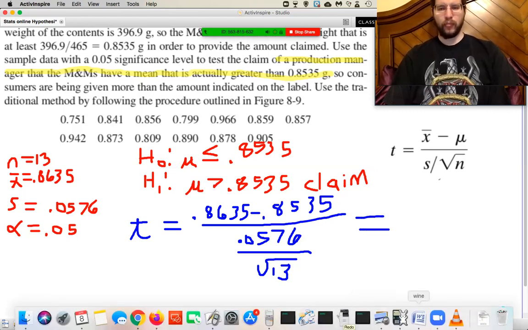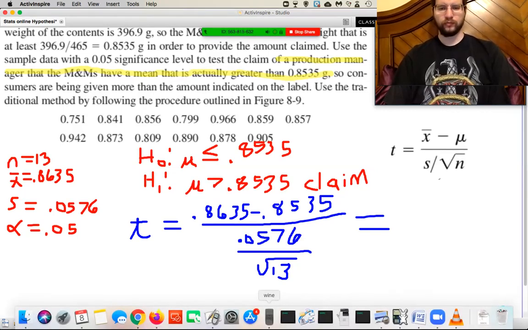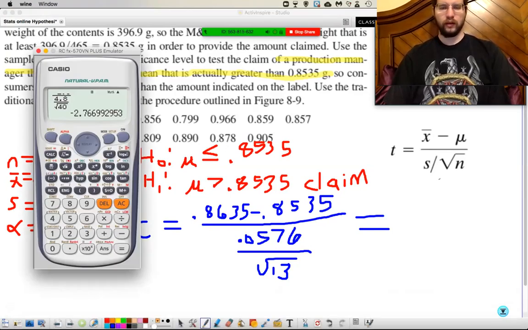If we calculate that, just going to type in the Casio real quick.